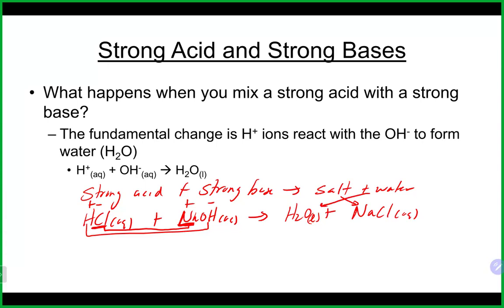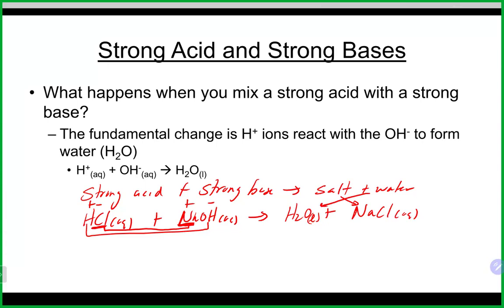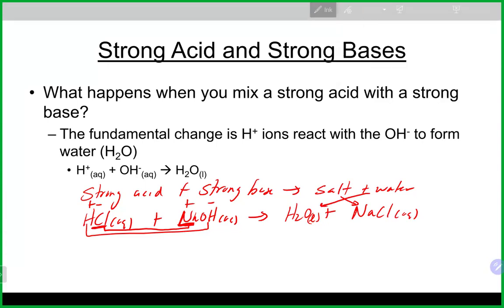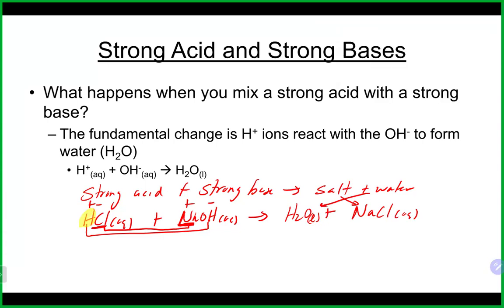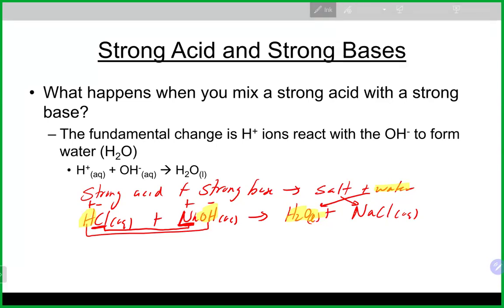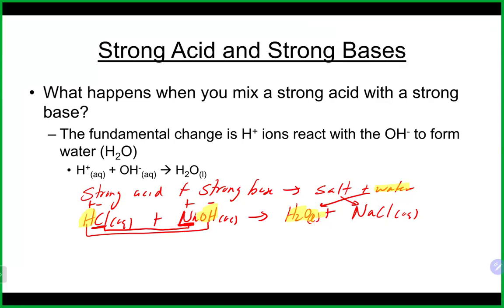And ultimately, the overall reaction happening is really that H plus from the acid going and finding the OH minus from the base to make water. You could combine any strong acid and strong base together, and that is what you're going to get: the formation of water.